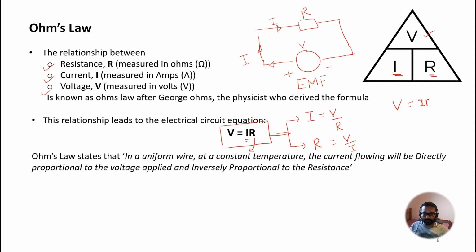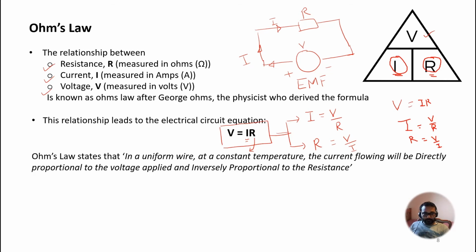So I multiplied by R. And if you have to find the value of current, then it will be voltage, or EMF, divided by the resistance, right? And similarly, if you have to find the value of resistance, then it will be voltage divided by current, right?